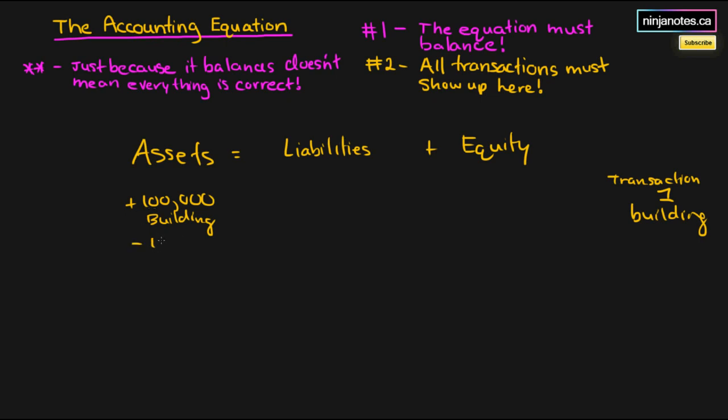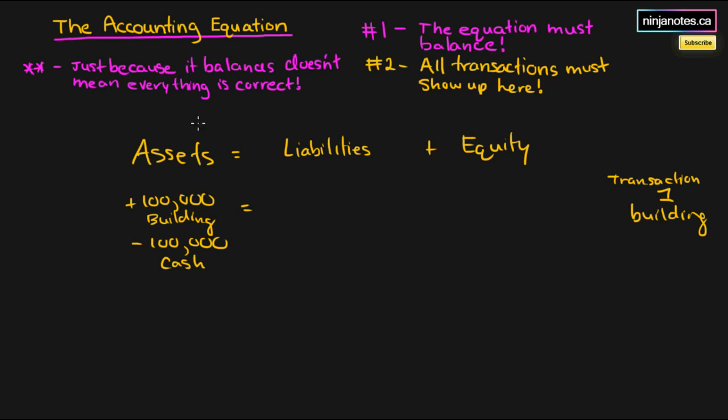And we're paying for it in cash, so this is going to be an outflow of another type of asset. So this was all done on the asset side, and you see that it balances because 100,000 minus 100,000 is 0, and if there's 0 on this side and 0 on the right side, then it balances. And that's what we mean by balancing.